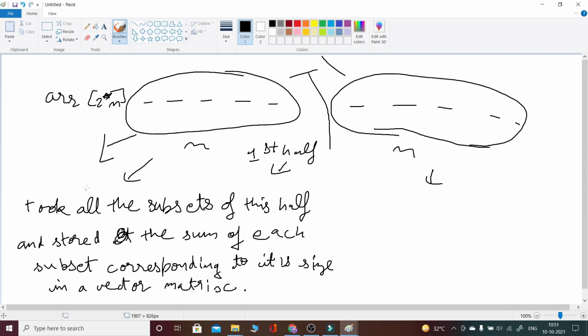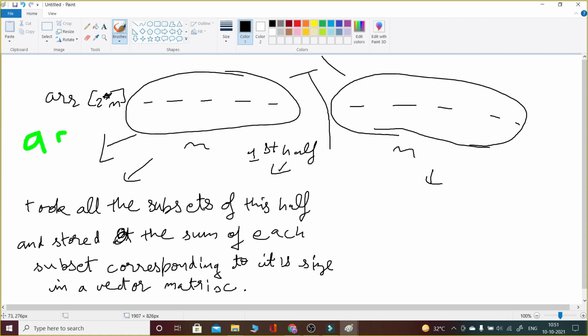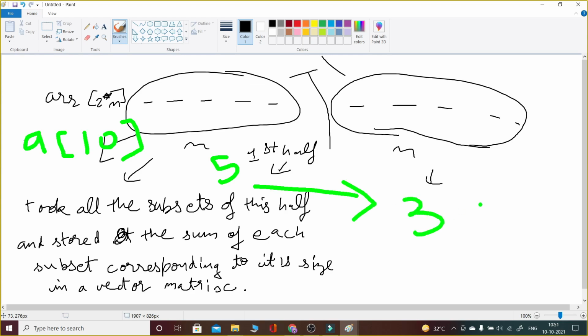What I mean by this is, suppose I have a vector matrix of size 10, and suppose n is 5. One subset would be of size 3, and there would be many subsets of size 3.